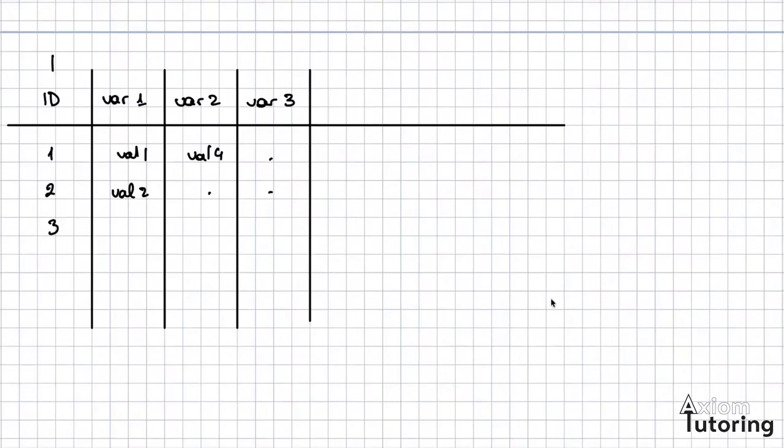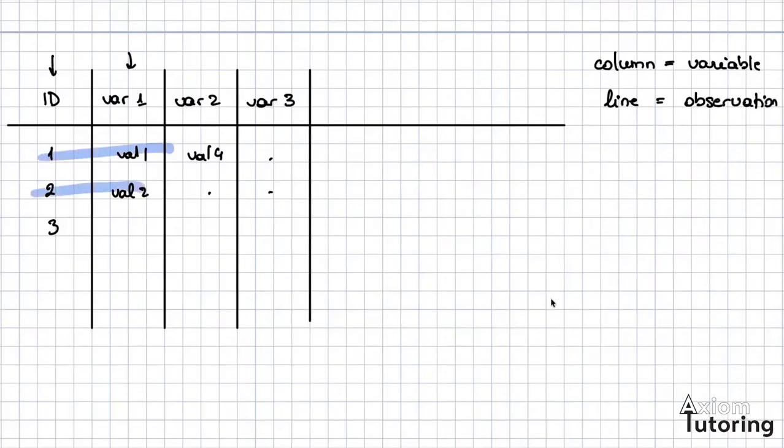What you have to know is that every column is one variable, okay? And every line is an observation. Which means that ultimately the number of lines that you have is the number of observations that you are working with, and the number of columns you have is the number of variables that you are working with.